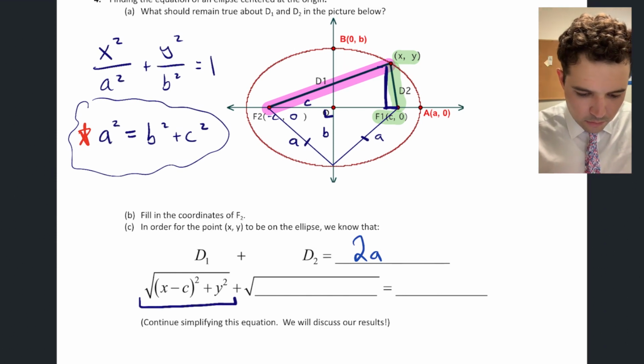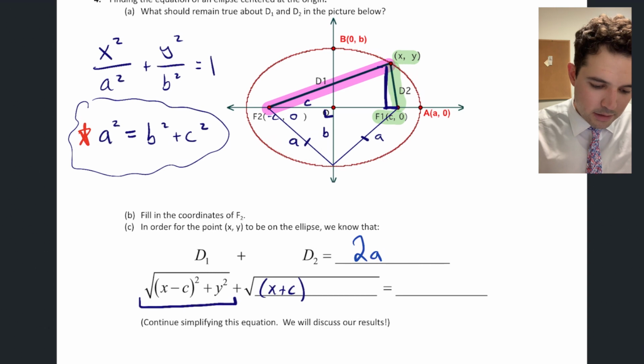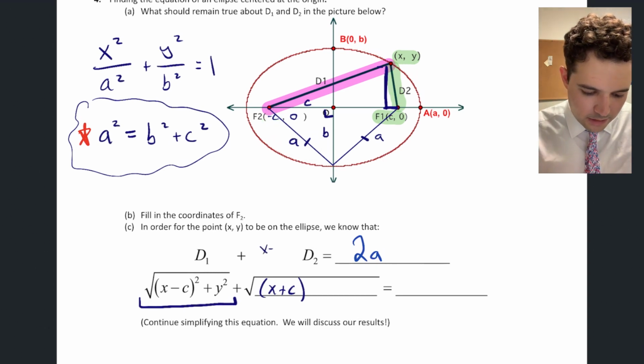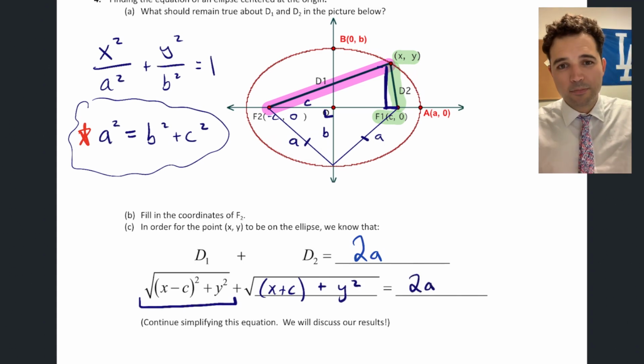The same is true for our other distance. Instead of x minus c, we have x plus c because our coordinate is negative c. So really what I did in my head there was x minus negative c, or x plus c. And then finally, we'll have y minus 0 again, or just y squared. That's all equal to 2a.